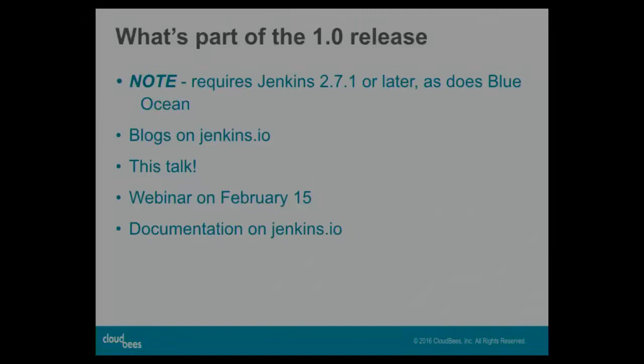It's important to note that declarative does require Jenkins 2.7.1 or later. It's the first LTS line of Jenkins 2. Blue Ocean has the same requirement. Who here is running Jenkins 2? And who here is running Jenkins 1.x? It's a good time to upgrade. 2.7, I'm not entirely being facetious.